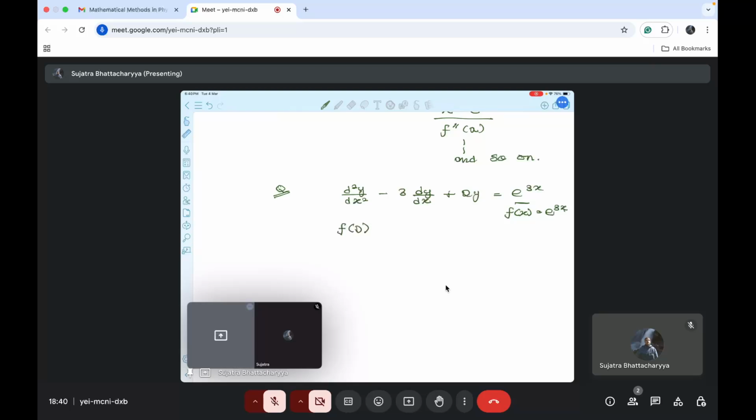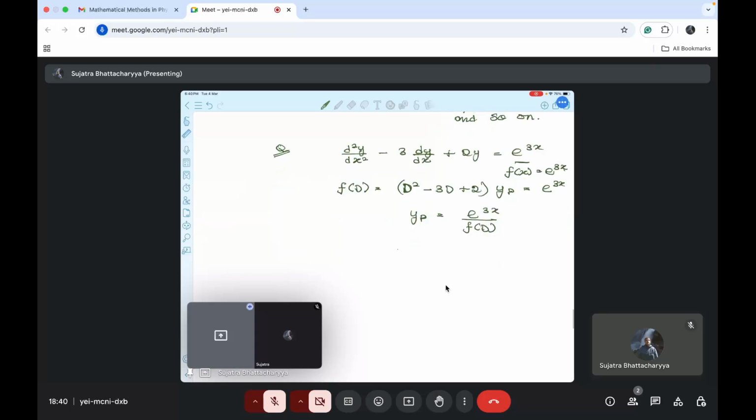It will be D square minus 3D plus 2, times y. We want the particular solution that is equal to e to the power 3x. Therefore, yp is equal to e to the power 3x divided by f of D. So yp is equal to e to the power 3x divided by D square minus 3D plus 2.